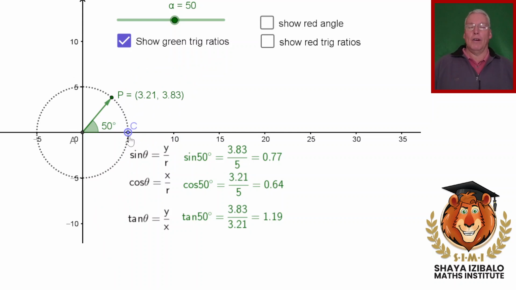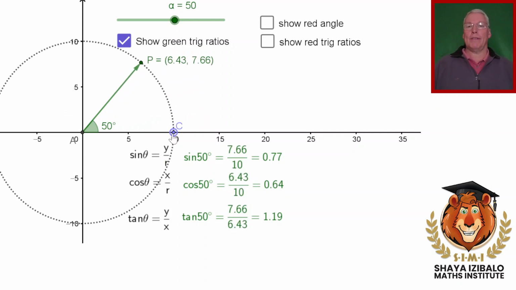Watch what happens, and the easy one to watch would be cos of 50. If I make the radius twice as big, I make it 10, that 3,21 actually changes to 6,42, or 6,43. That's just a rounding thing, basically an accuracy in terms of what the computer is showing. Basically, the ratio size doesn't change as we grow the size of the circle.